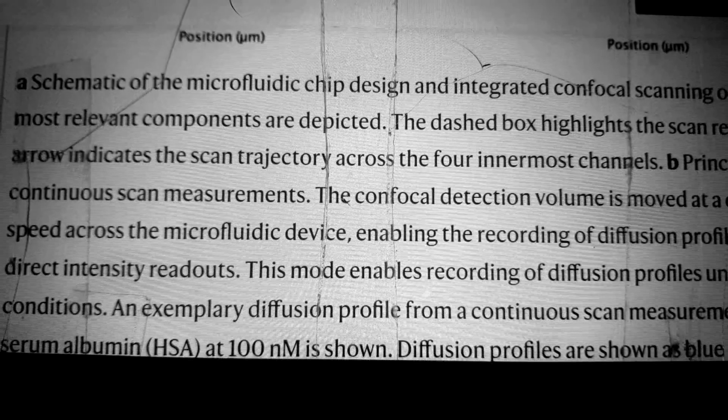This is a schematic of the microfluidic chip design and integrated confocal scanning optics. The most relevant components are depicted. The dashed box highlights the scan region. The arrow indicates the scan trajectory across the 4 innermost channels.